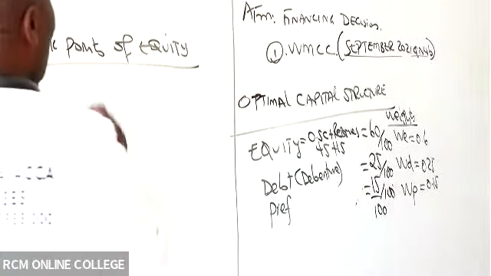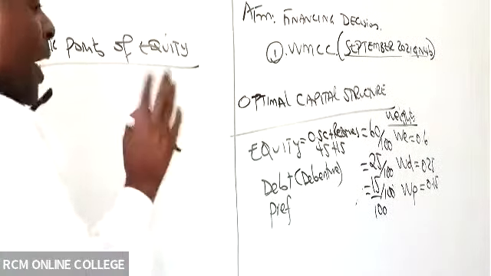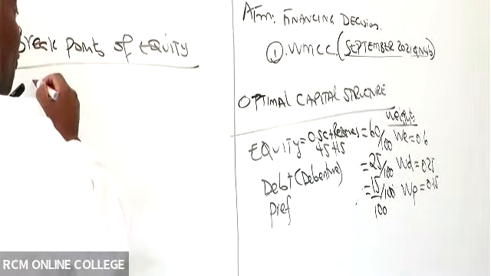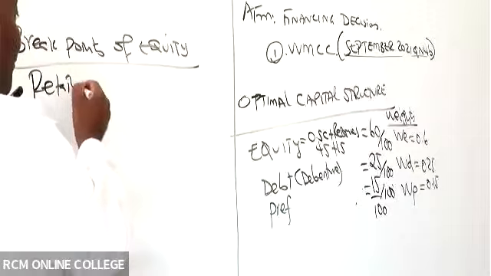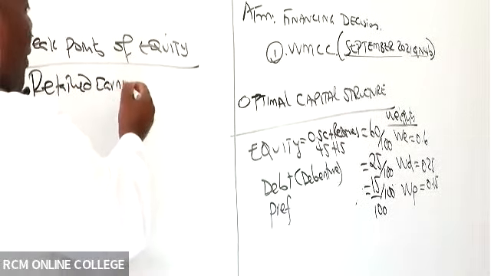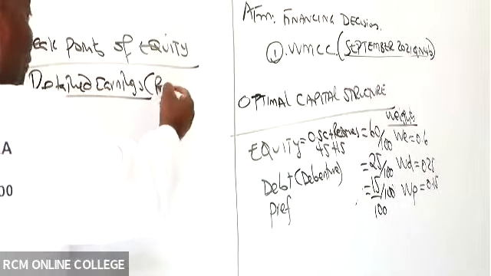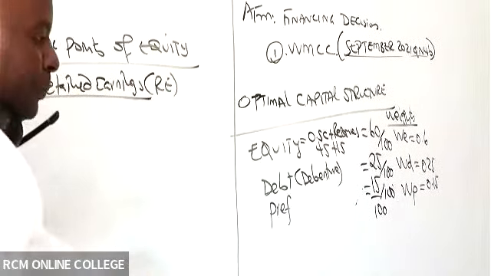Yeah. So breakpoints of equity, remember equity has got two components under the breakpoints. We have what we call retained earnings, and then ordinary shares. So first of all, I would want somebody to give me the retained earnings.